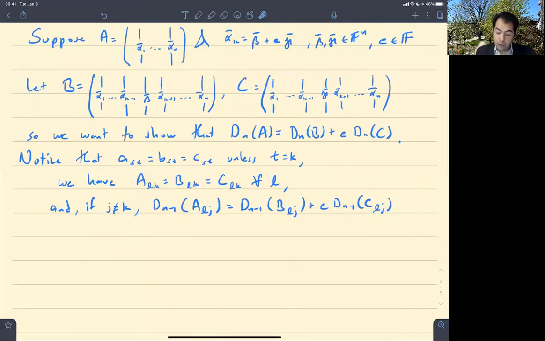On the other hand, if you remove the jth column where j is different from k, then the kth column of A, which is this linear combination, survives after you remove the jth column, and the corresponding column of this matrix is a linear combination of the columns of these matrices. And so by multilinearity of d_{n-1}, we have this equality.